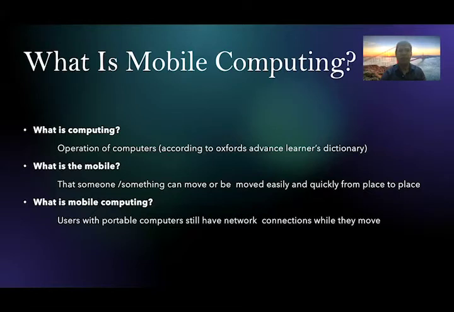It means that, for example, you bring your mobile phone and at the same time, your mobile phone still has an internet connection. And still you can move from one destination to another. That is mobile computing. The most important part in mobile computing is the network. Yes, you can bring it anywhere easily, but at the same time, you must remember your mobile computing also must have an internet connection.